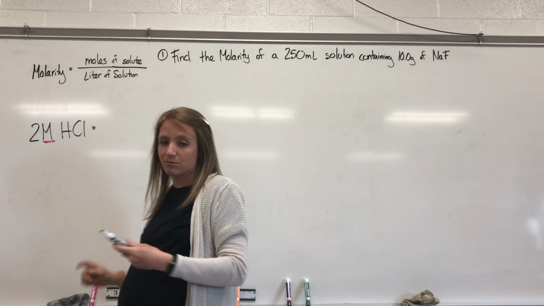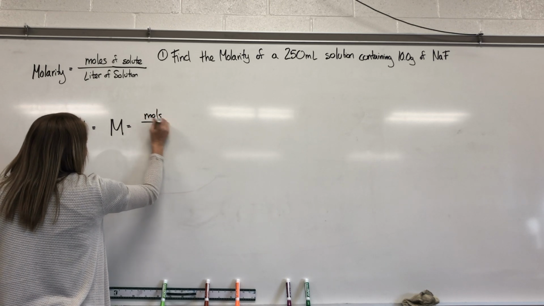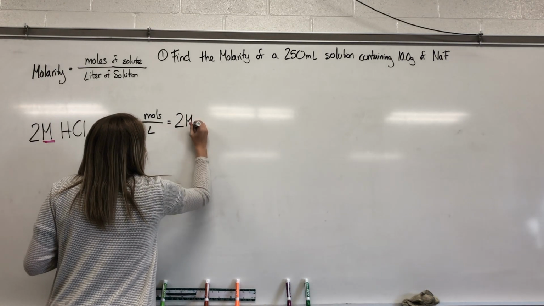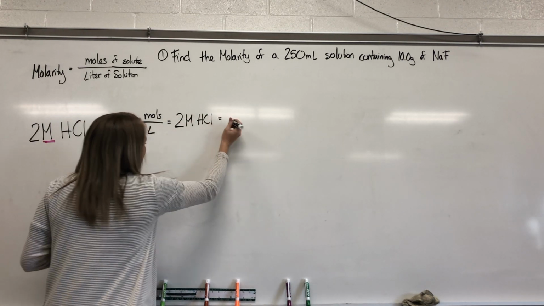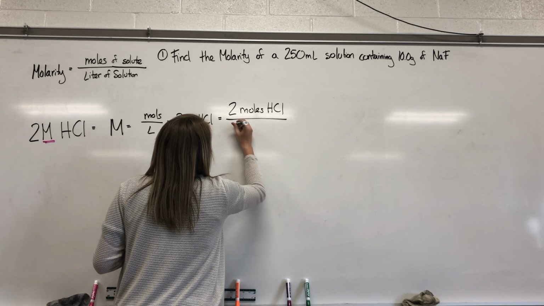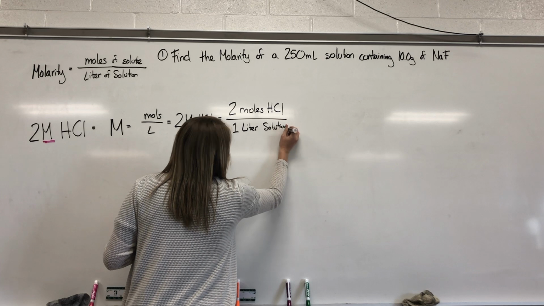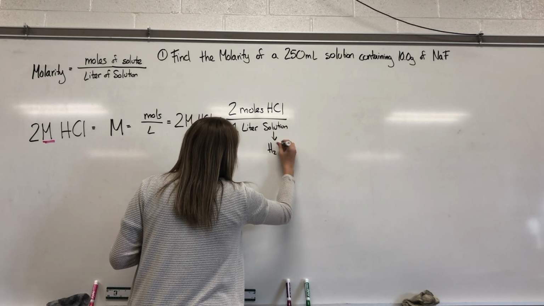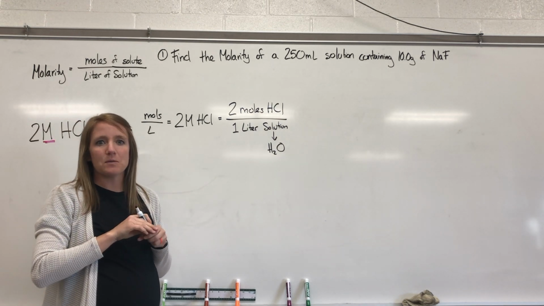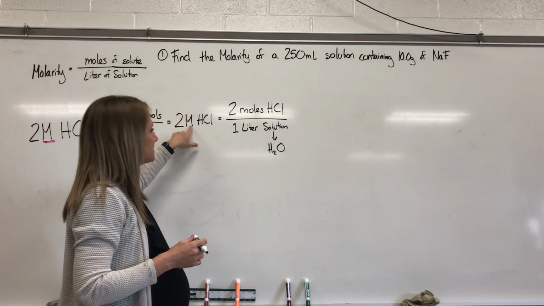Since molarity is moles per liter, 2M means you have 2 moles of HCl per every 1 liter of solution. If it's not specified, the solvent is most of the time water, because that's the primary solvent we use. You could dissolve it in something else, but most of the time it would be water. So that's what this means.